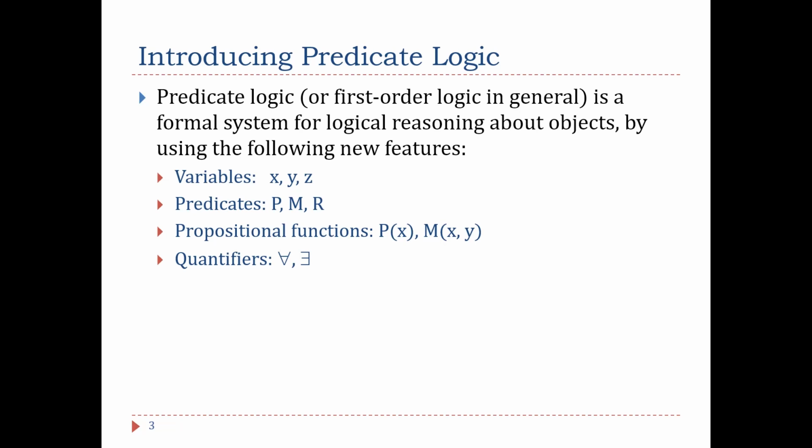When you apply those predicates over those variables, you will get either true or false out of it, so they give you what we call propositional functions. They map variables to truth values, true or false.